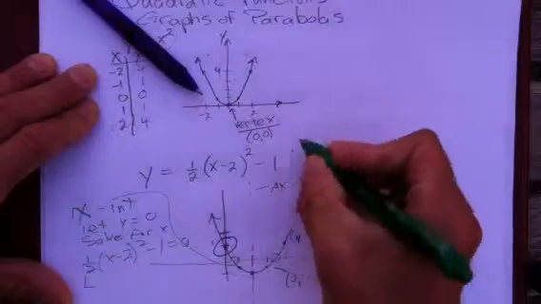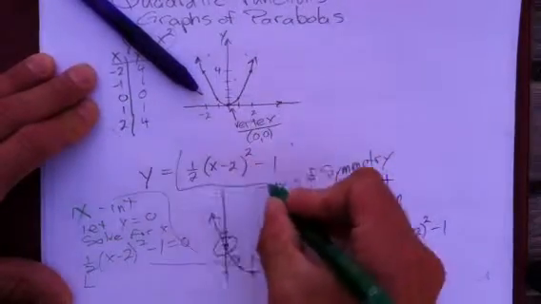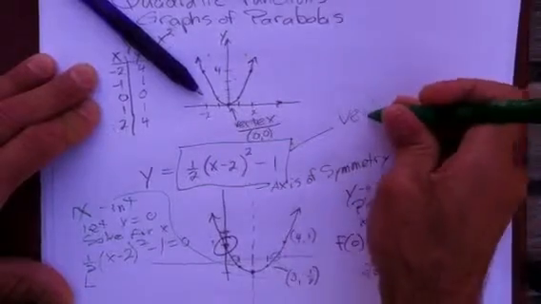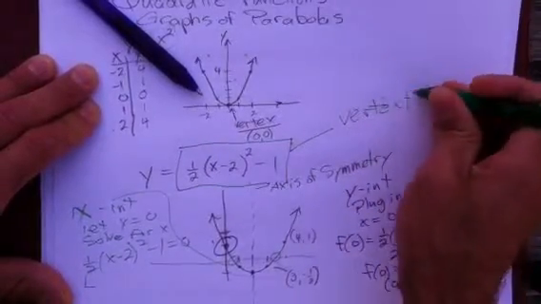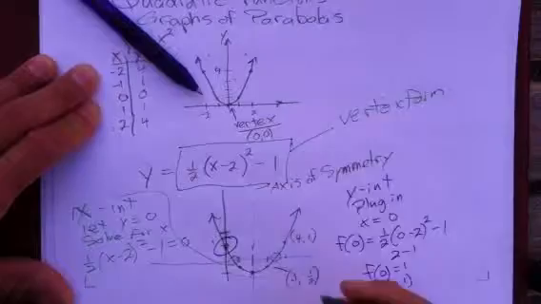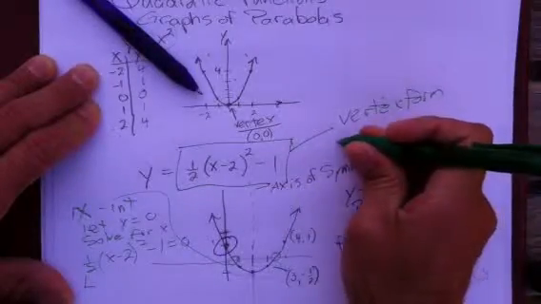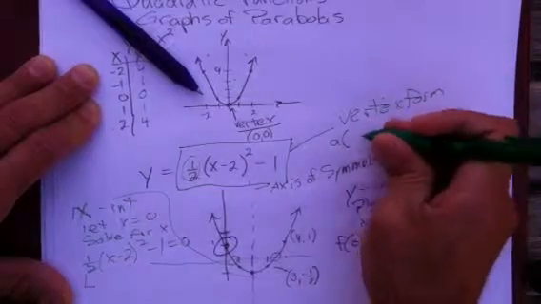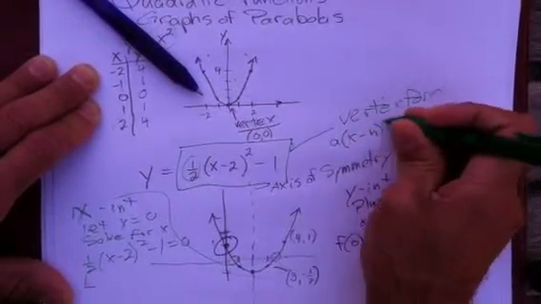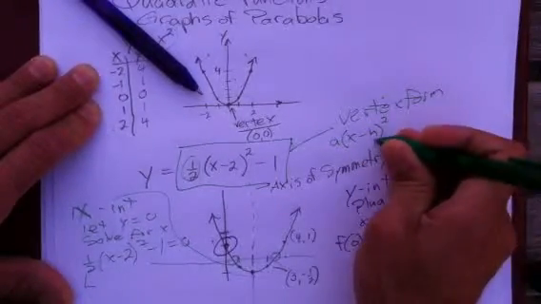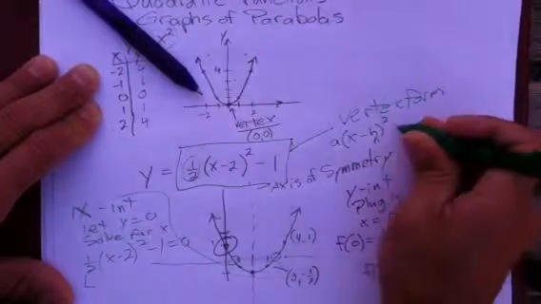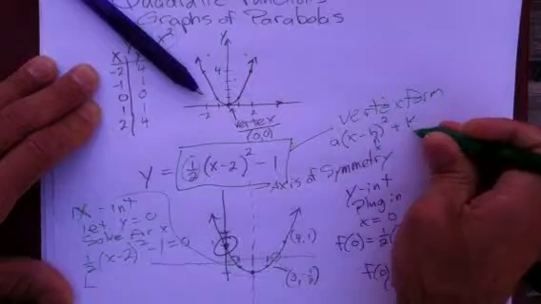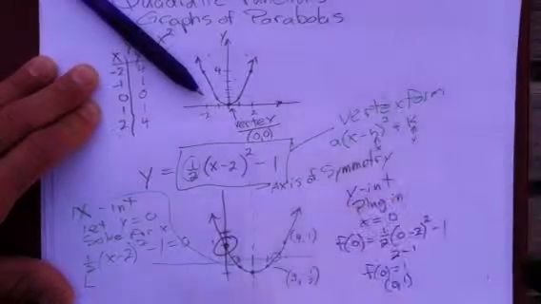Now just a note, this form that this is in for a parabola is called vertex form. Vertex form is always some number a, times parentheses x minus h, h being one of the values of the vertex, plus k, k being the y value of the vertex.